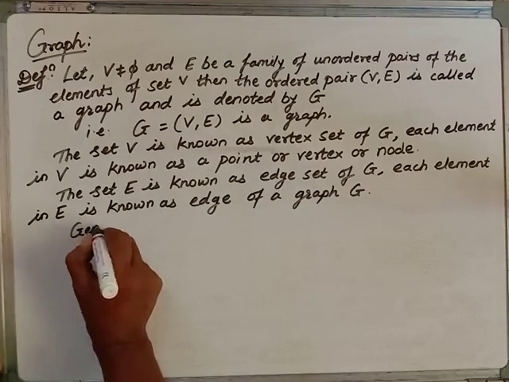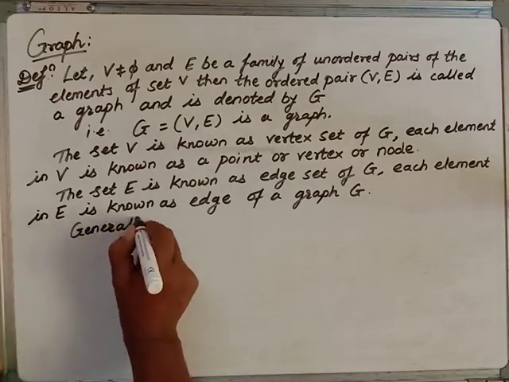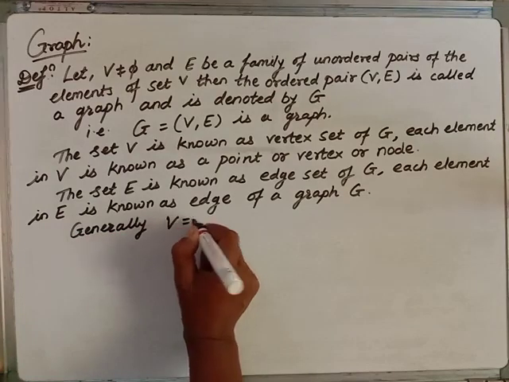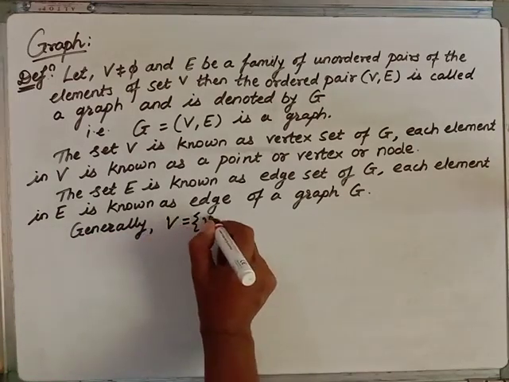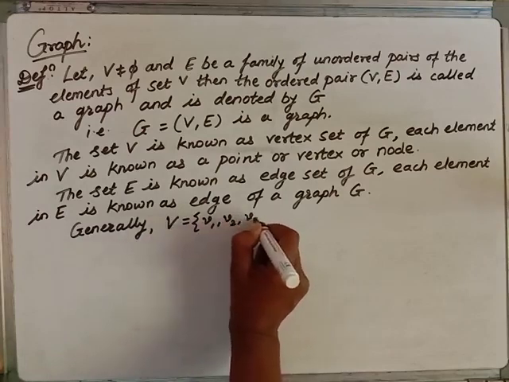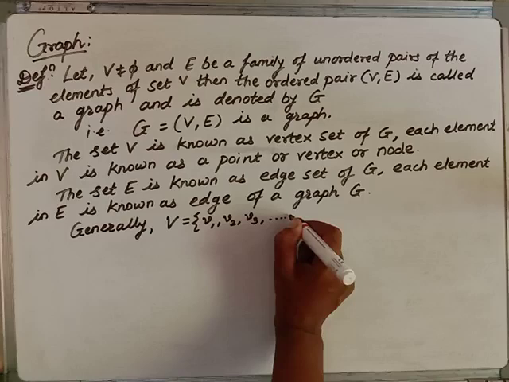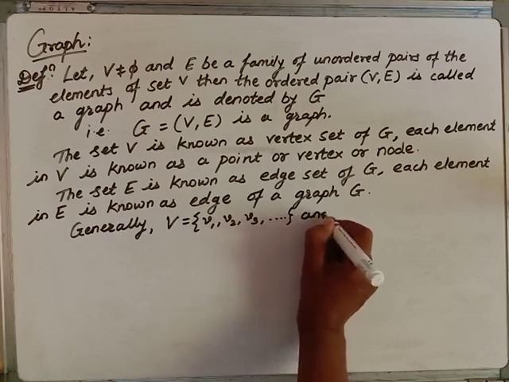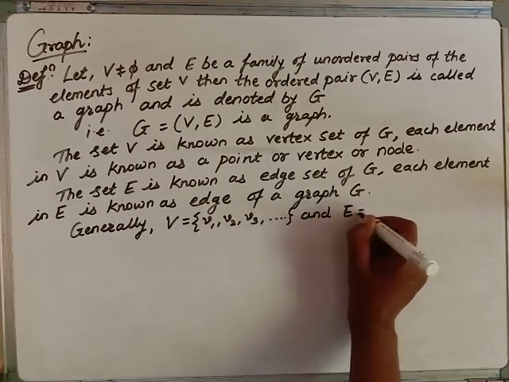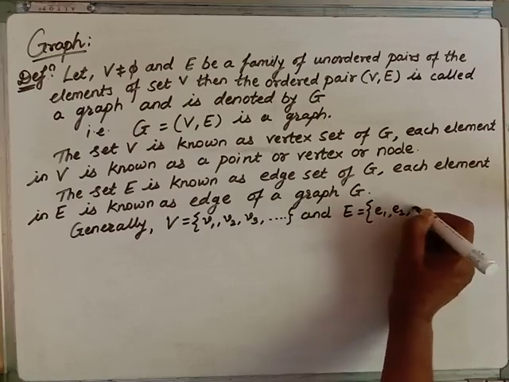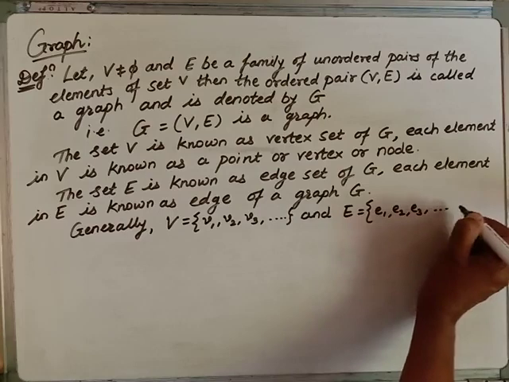Generally, vertices are denoted by small letters. We are using V1, V2, V3 and so on. Small alphabets we can use. And E is denoted here also by E1, E2, E3 and so on.